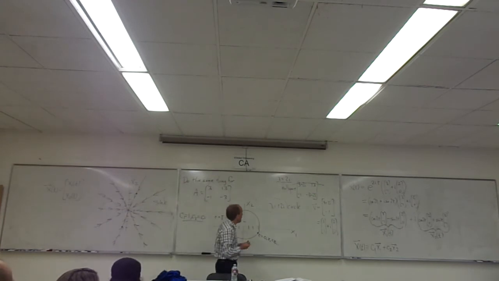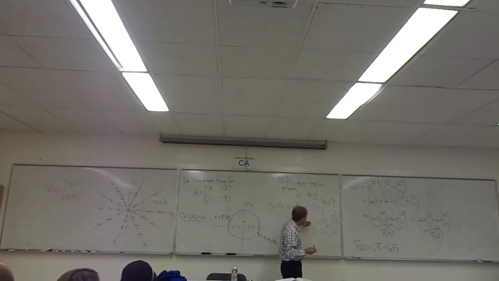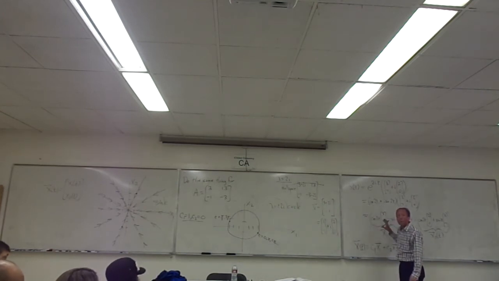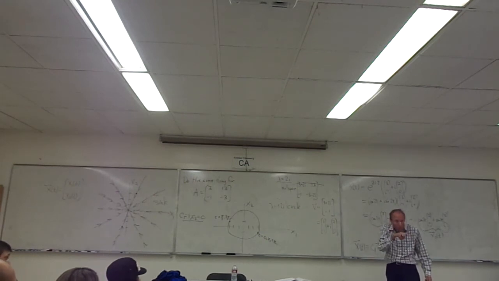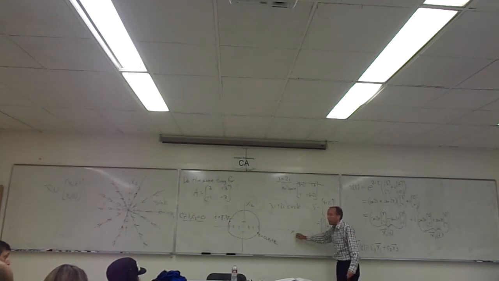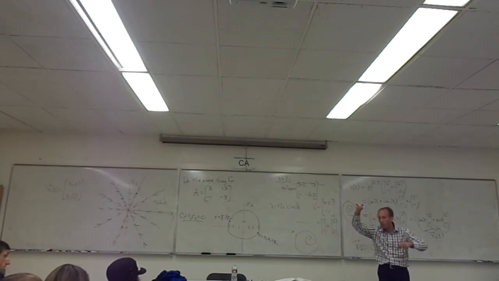Now, if the eigenvalues had a real part to them, see, there's no real part here. If there had been a real part, then when you write down your solution over here, what's going to be different? There'll be an exponential, won't there? So then you're not actually going to get a circle. What you're going to get in that case is a spiral, either out or inward. It's going to be like a circle, but its distance away from the origin is going to be either expanding or shrinking.